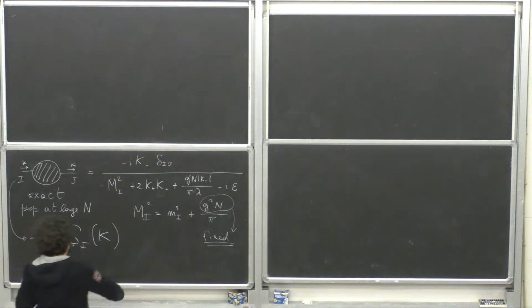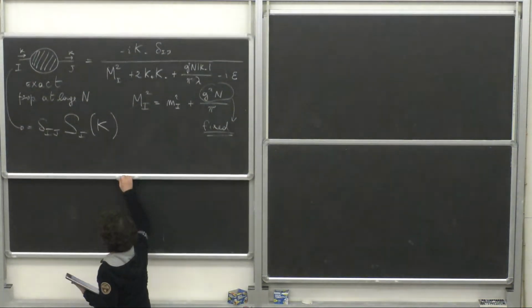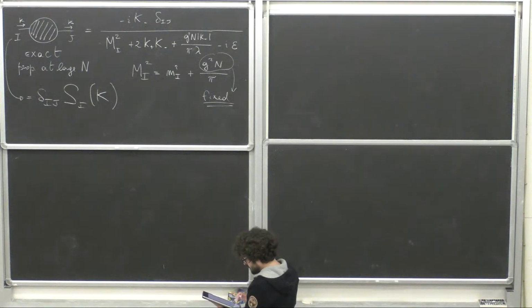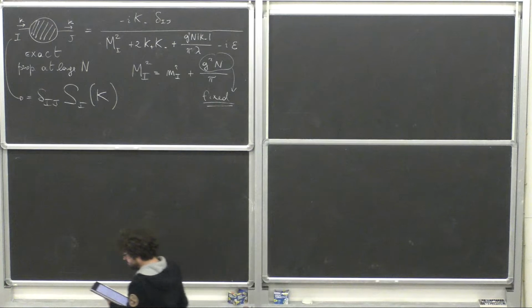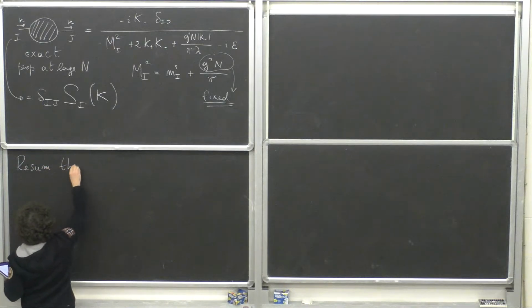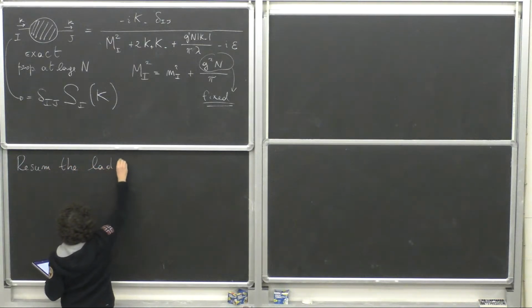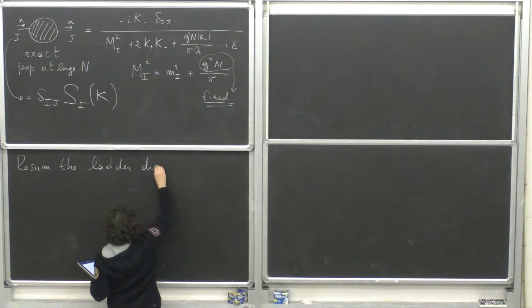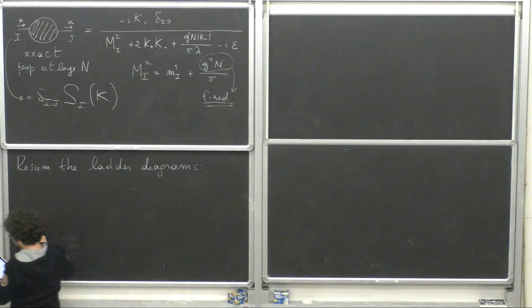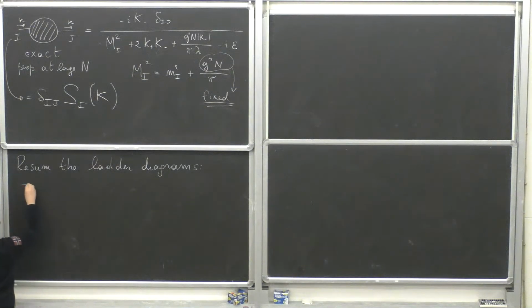Now we need to proceed because so far we didn't yet get to some physics. So to proceed, we need to resum. We want to resum the ladder diagrams. So let's draw again some blob.